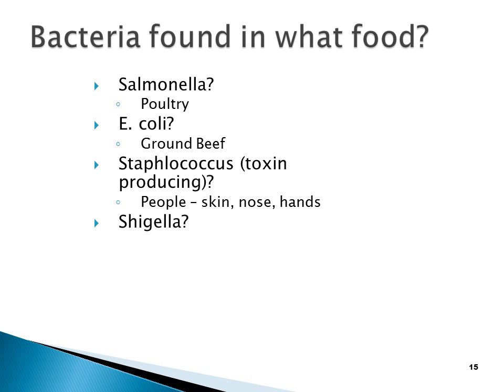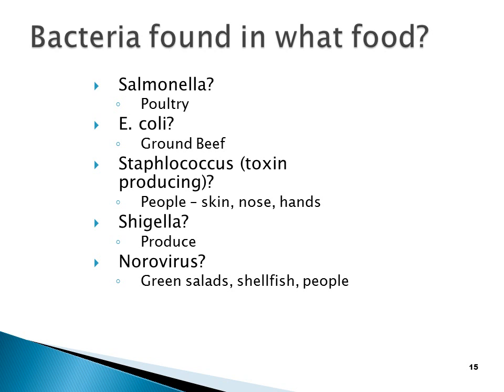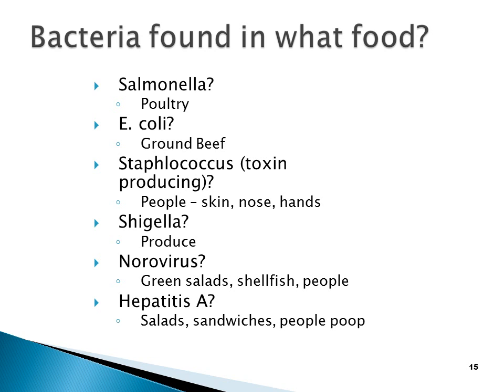Shigella would be found where? In produce. Norovirus would be found where? Green solids, shellfish, people. And hepatitis A would be found where? Salads, sandwiches, and people poop.